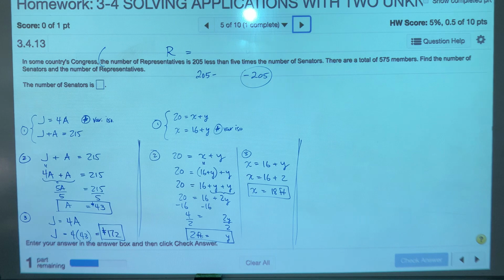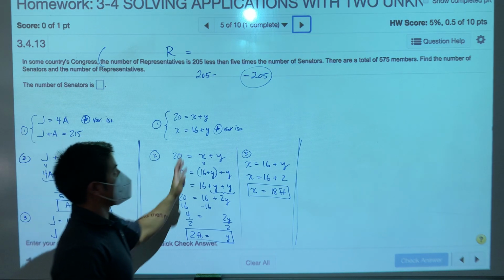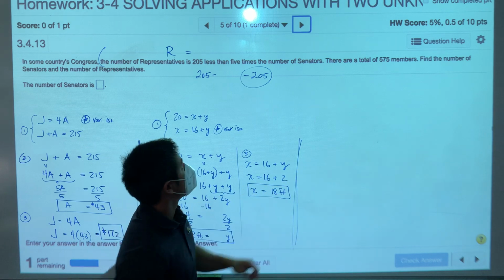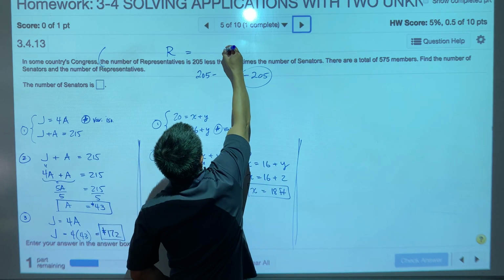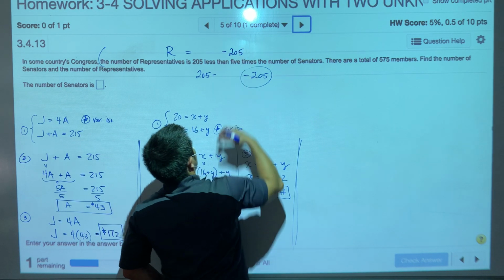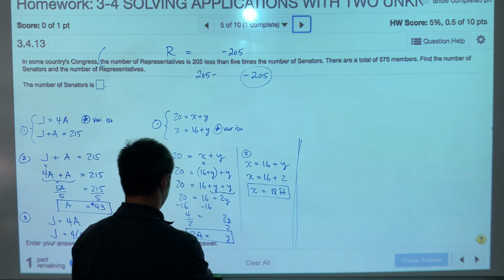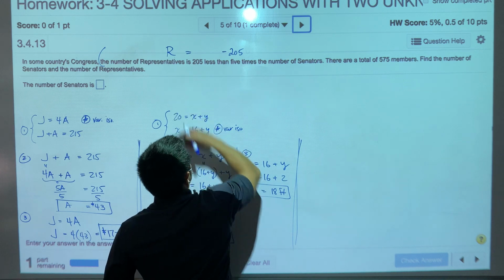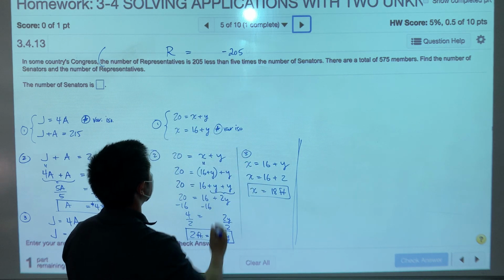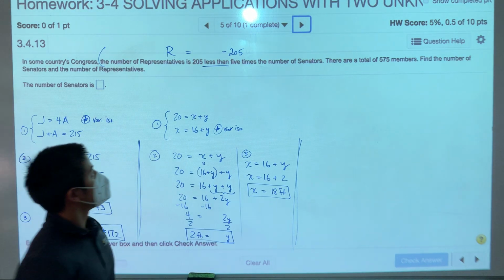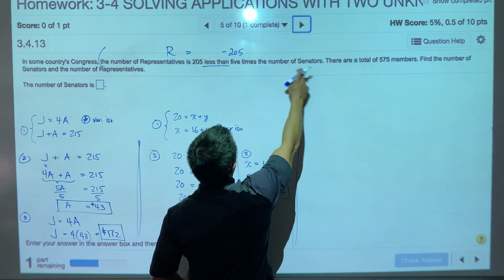So when you see the phrase less than, that number is going to come after whatever they're about to say. That means you need to take 205 away from whatever they're about to tell you. So be very careful about that. It's an important distinction. This phrase less than reverses the order. Okay, 5 times the number of senators.